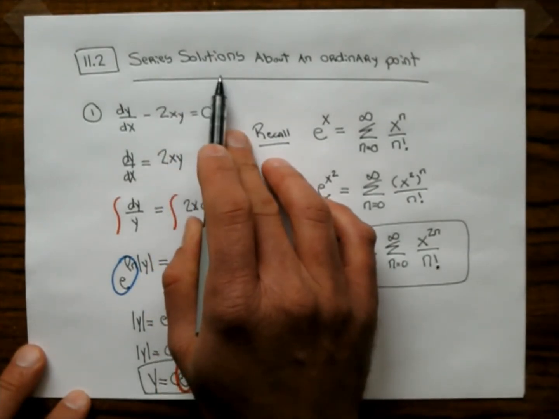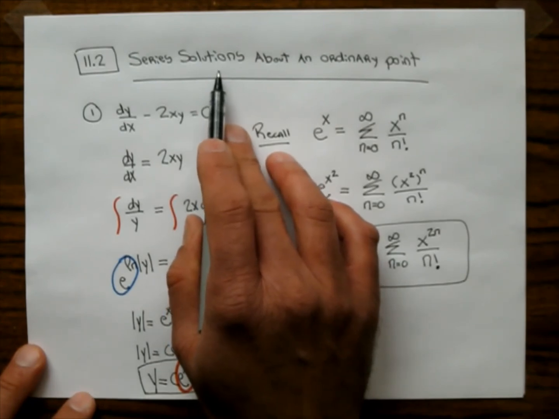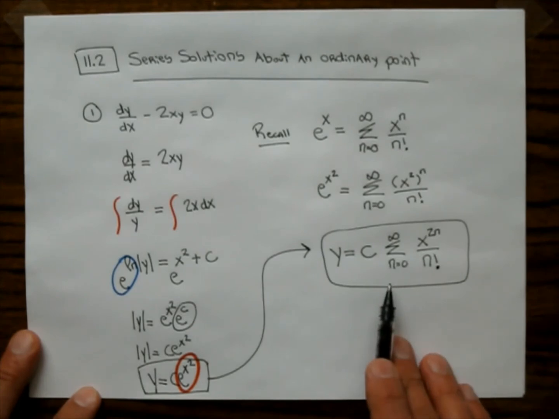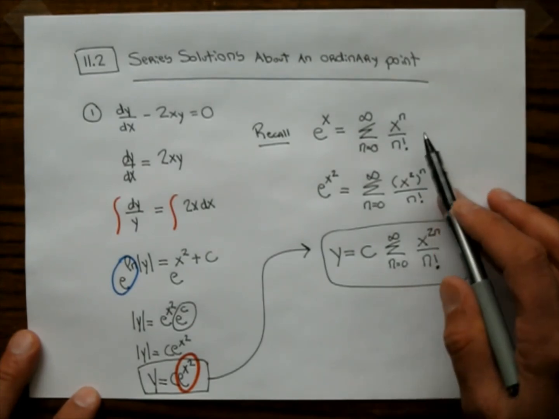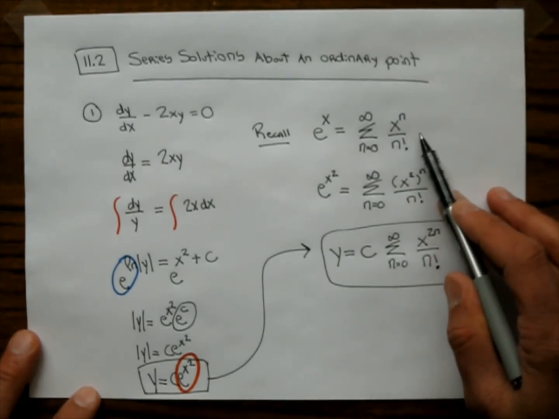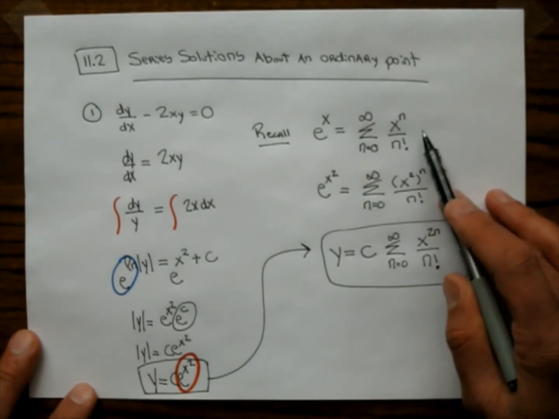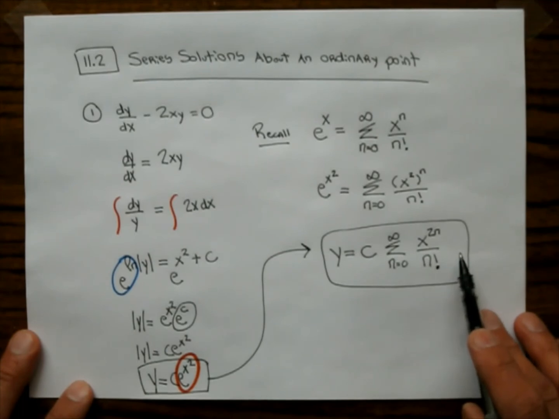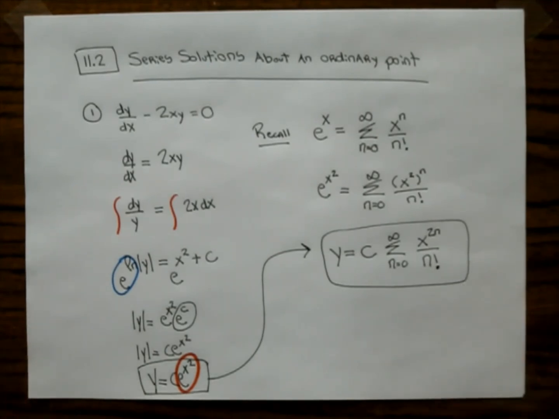Just like there are some integrals, like e to the x squared, that you wouldn't be able to integrate without going into power series. If you remember this power series here, we know that this converges for all real values of x. And so this right here also converges for all real values of x. But knowing the solution in advance, we were able to find the power series solution of the differential equation.